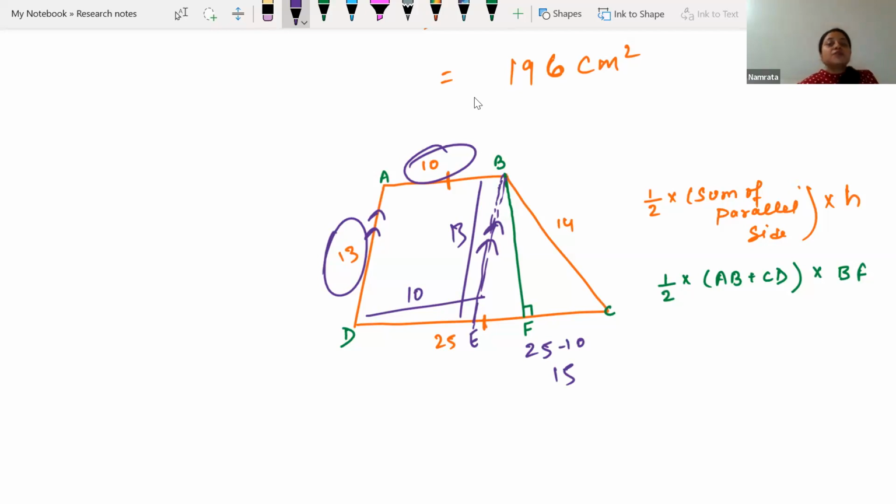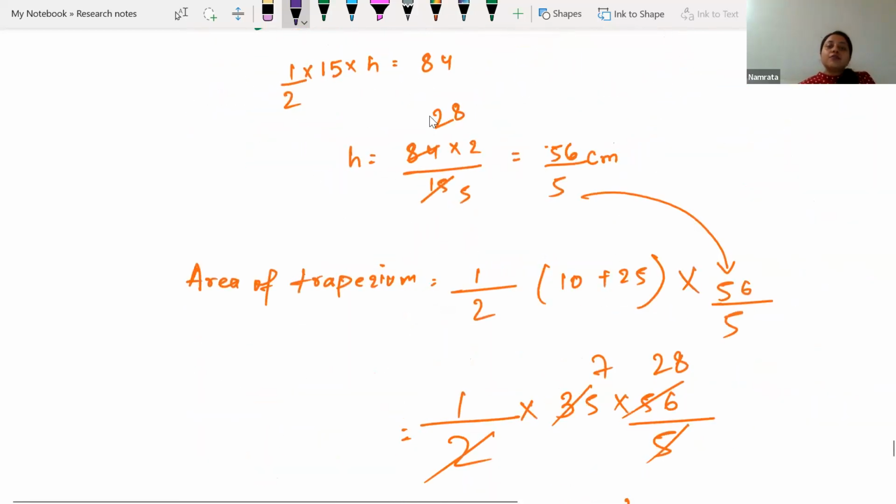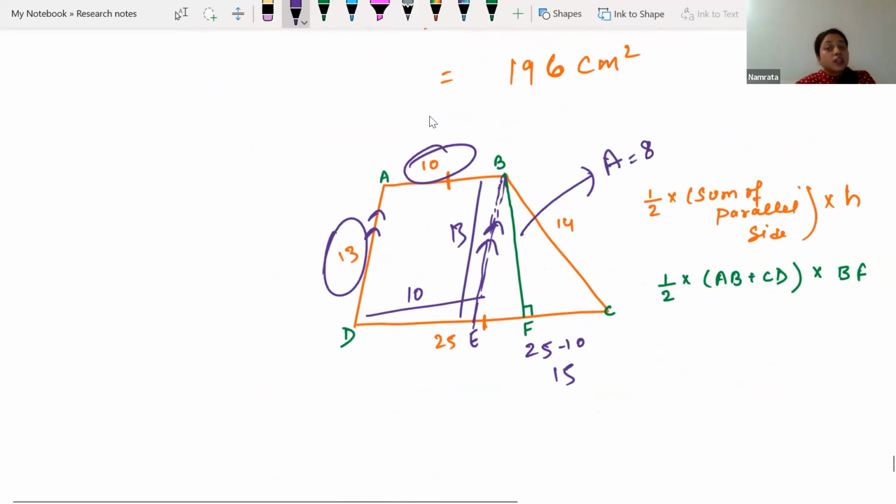So first we will find the area of this triangle, and then that area value we will use to find the height of this triangle. Getting it? Are you getting it? Yes, ma'am. So first we found the area of this triangle, which came out as 84 centimeter square, by Heron's formula.